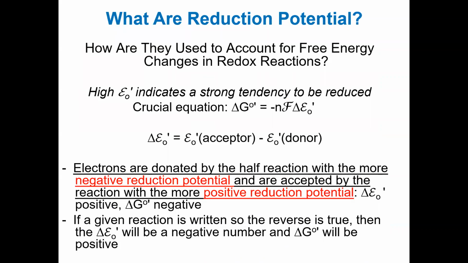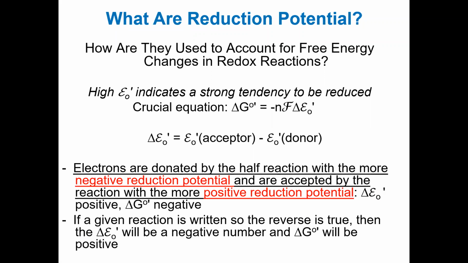So with that brief introduction, I want to jump to talking about reduction potential. One thing you will notice is that all electrochemists have adopted this convention, as I have referred to in my earlier lectures, of writing all redox reactions in terms of two reduction half reactions.